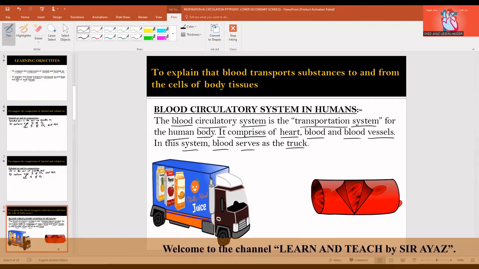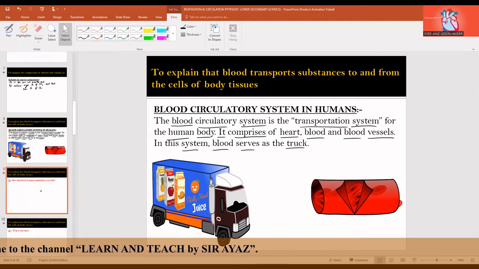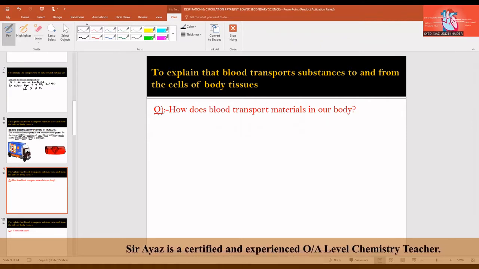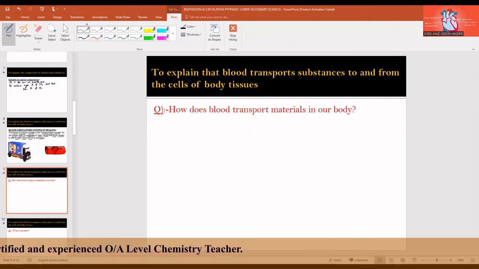Now, how does this system work? We know that trucks carry and deliver stuff like food, clothes, and other accessories to houses and stores.